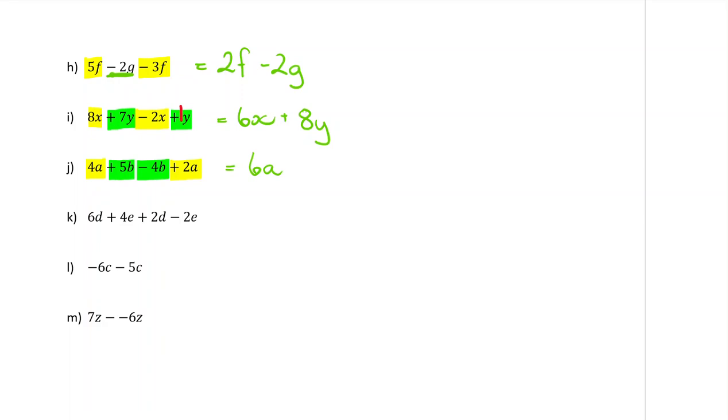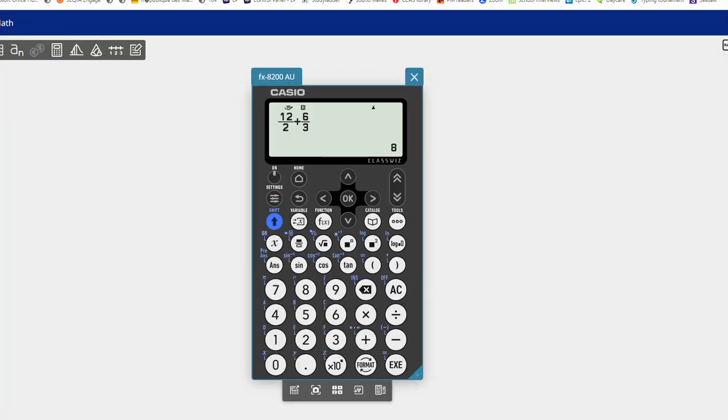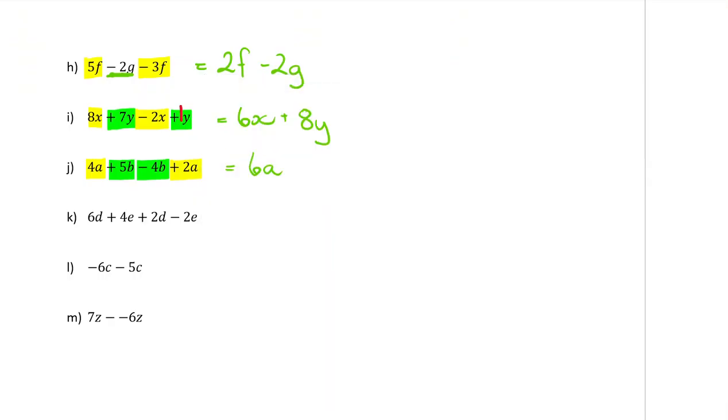Then doing the green ones, we have a positive 5, take away 4. If you're a bit worried with your negative numbers, you can type just the number part in. So you go 5 minus 4 to get your answer, so you get the 1. And that's a positive 1, so it means you need to add 1b or add b.